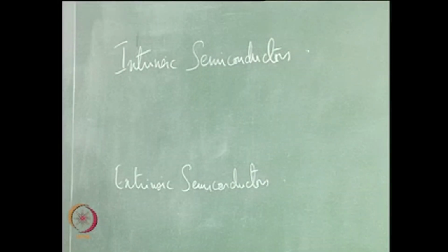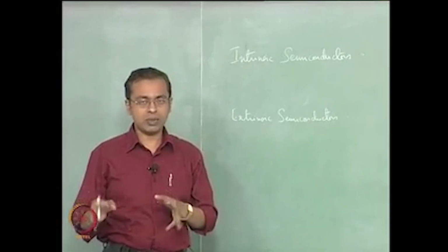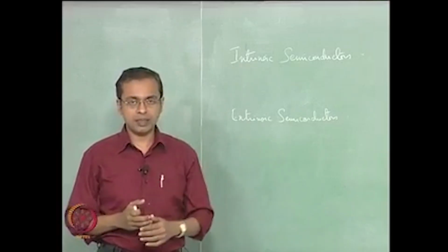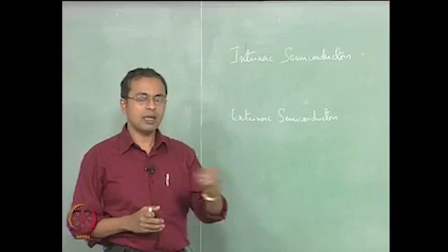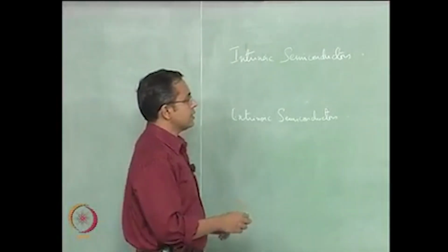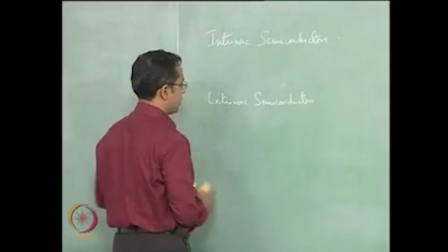In fact there are regions of temperature where the behavior of the semiconductor is dictated by factors that are completely unrelated to temperature. They depend entirely on the extent of doping, or the extent of additional elements that you have added to it. So we will first look at intrinsic semiconductors, then we will talk about extrinsic semiconductors.